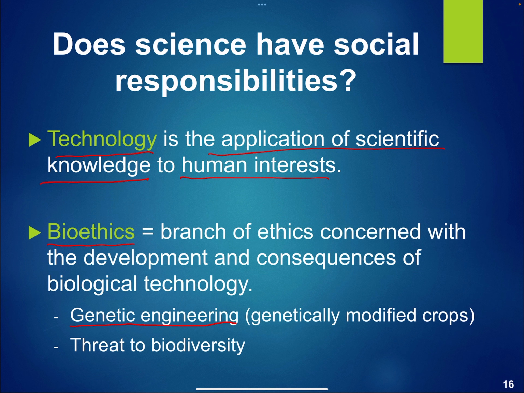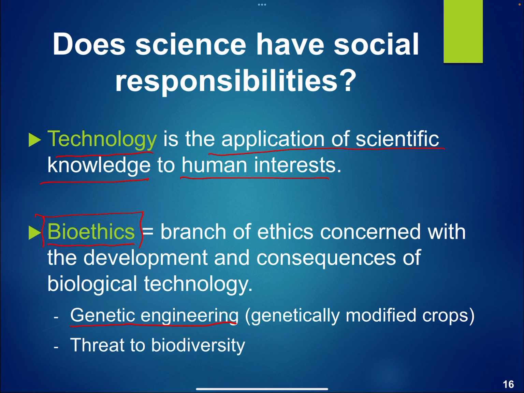All right? So genetic engineering raises a lot of questions, a lot of controversies, right? But we have to know that it's both for the good, but we also have to be aware of bad things that can happen with genetic engineering. Therefore, we have to apply bioethics.